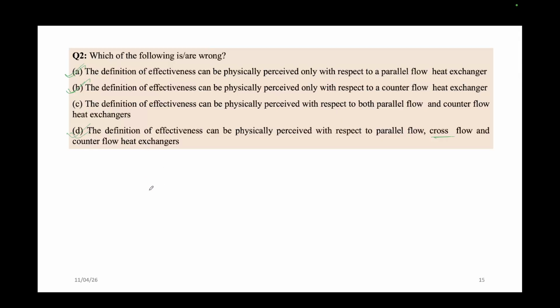So it is also wrong, right? What is the formula of effectiveness? Q by Q max. Yes. Q by Q max. What is Q max? C min times the maximum temperature difference, that means hot inlet minus cold inlet.